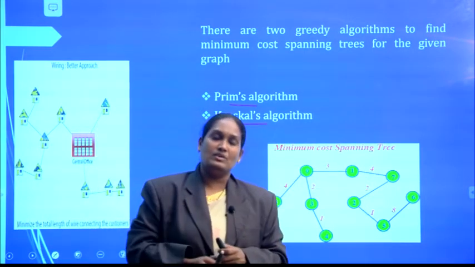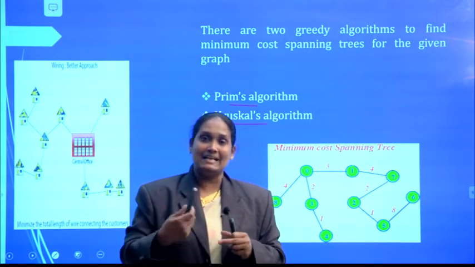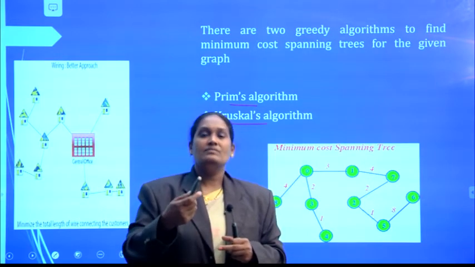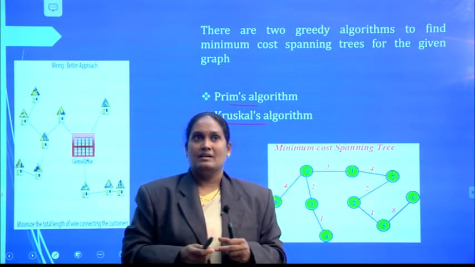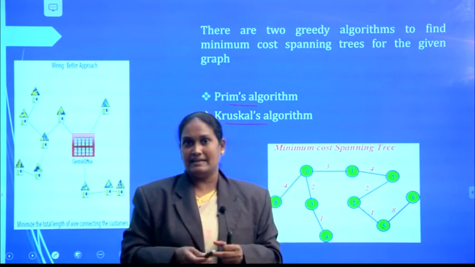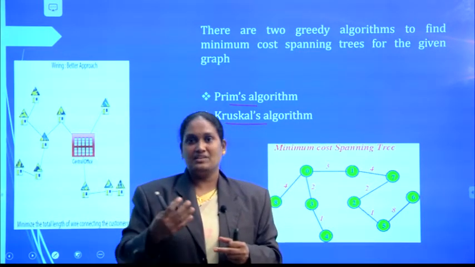Now where do we use this minimum cost spanning tree in our day-to-day life? What is the real-time application for this? We can use minimum cost spanning trees in our networks. In designing networks, to find a minimum cost network, we can use this.